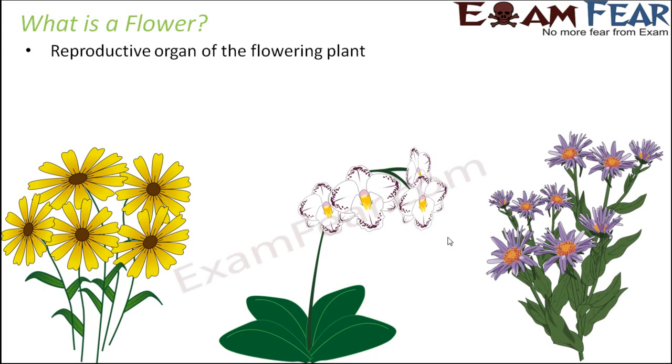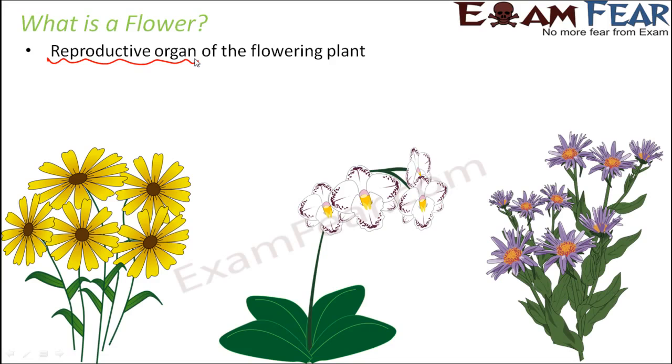So flower is the reproductive organ of the plant. Leaves were the ones who prepare food for the plant, right? With the food, the plant will be able to survive. But a day will come when the plant will grow too old and has to die. Now if there is no reproduction, then what will happen?